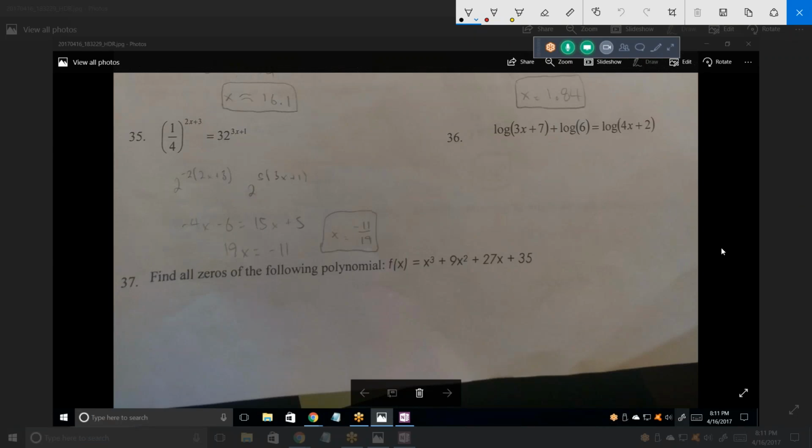Now, some exponential equations, not very many, but some, can be solved without using logs. And this is one of them, because there's a common exponential base. What's the common exponential base between 1/4 and 32? Okay. And it's 1/4 can be expressed as 2 to the minus 2. 32 can be expressed as 2 to the 5th.